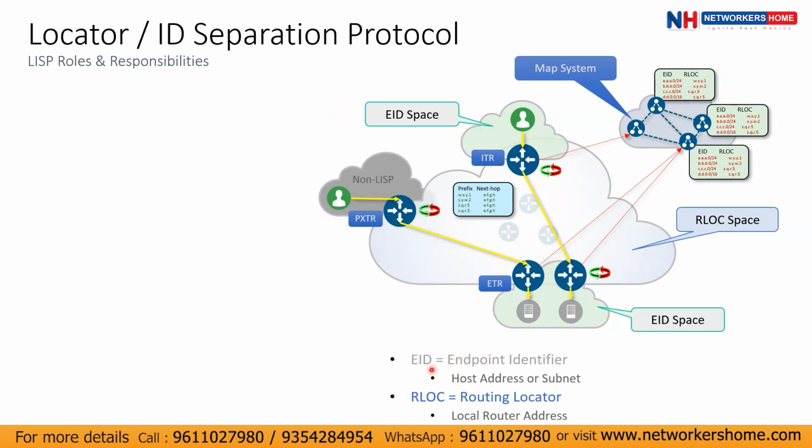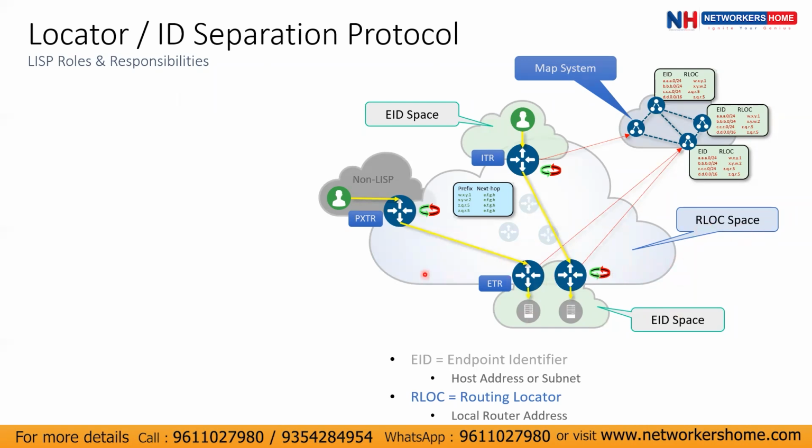Now, we discussed EID, the endpoint identifier. That is the specific IP or host address which will be used for the endpoints or any machines. Quite simple. RLOC is the routing locator. That is the loopback IP address of any device that is part of the fabric. So here you can see we have the RLOC space.